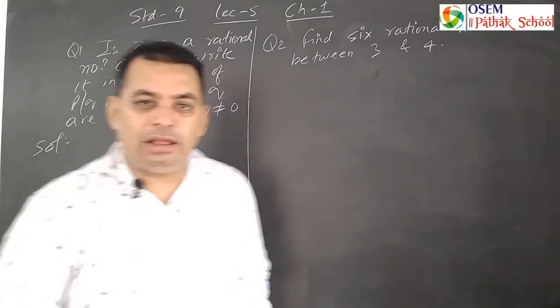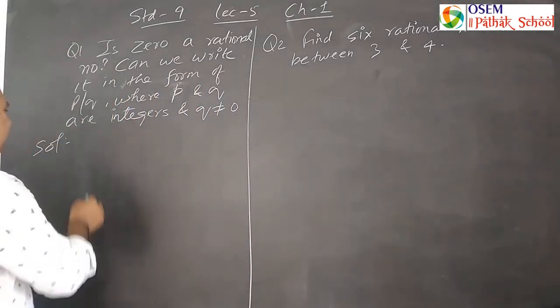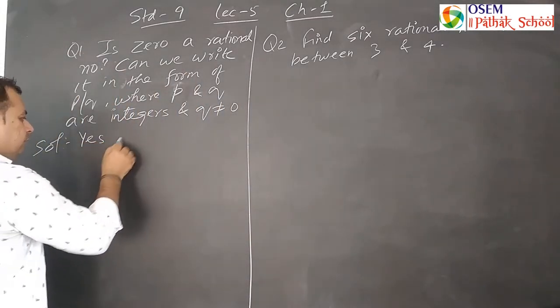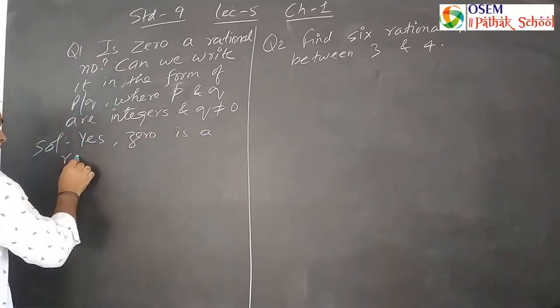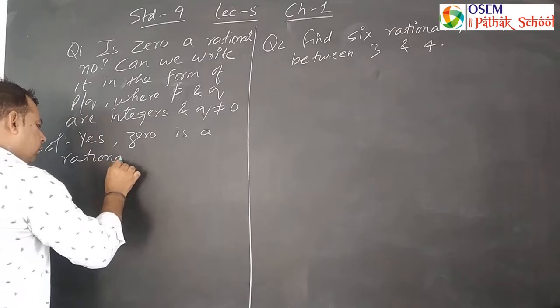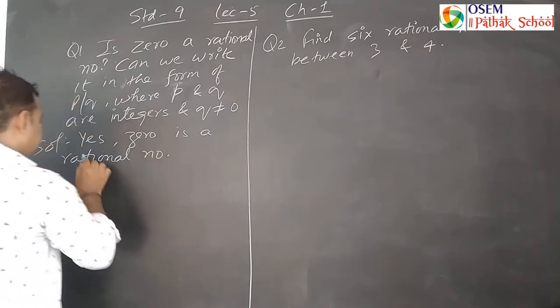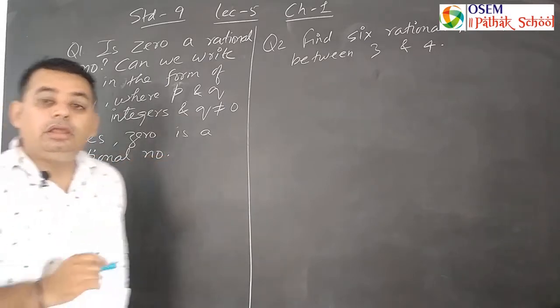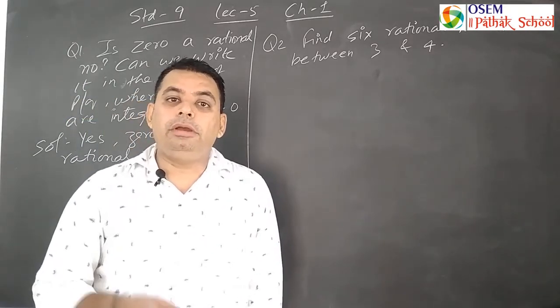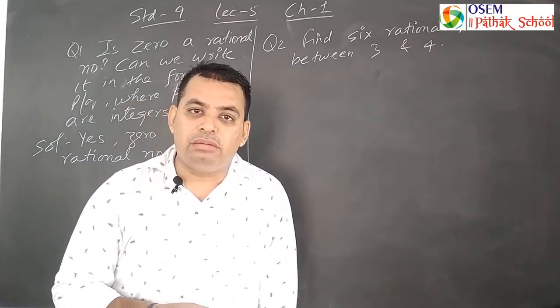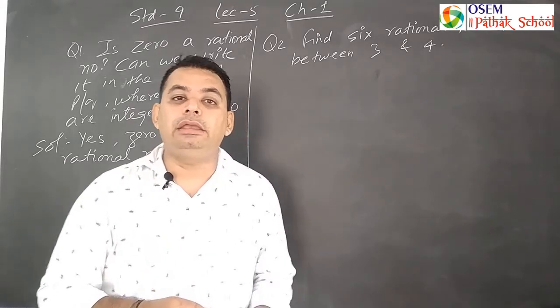I am finding the answer. So obviously, yes, 0 is a rational number. How? If I am giving the answer yes, then you can ask me how. Because I told you rational numbers are the numbers which are in the form of p by q.